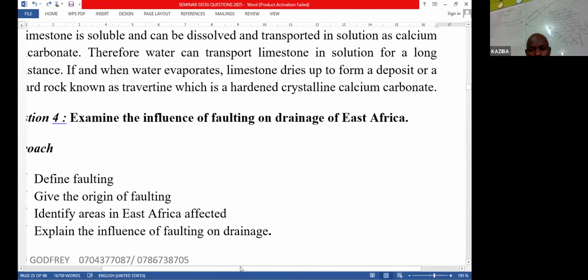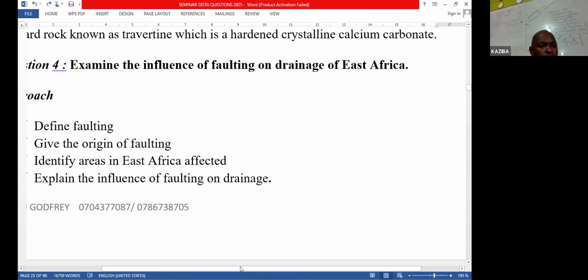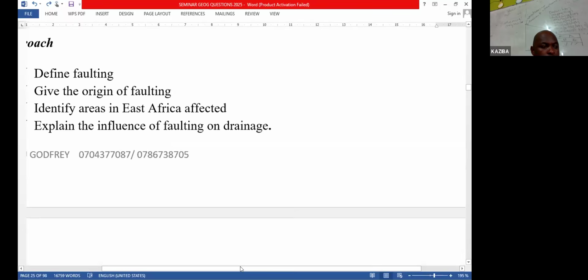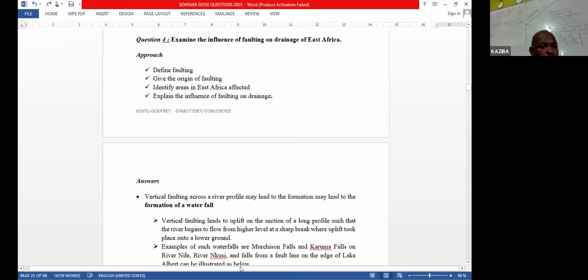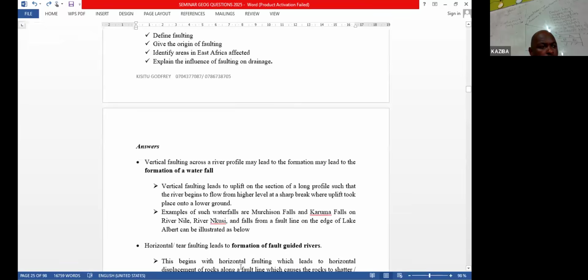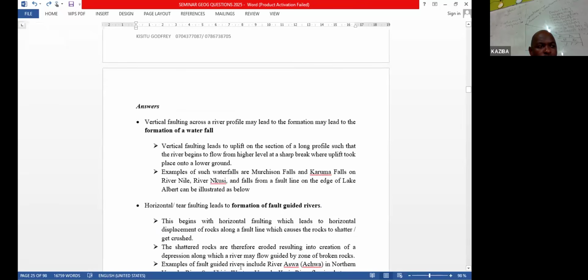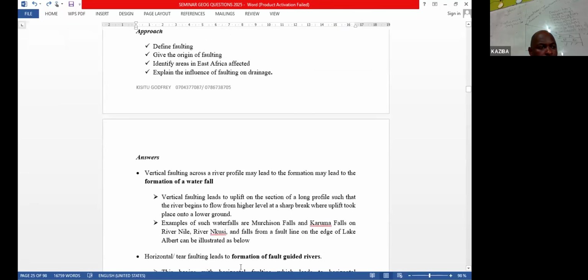So you define faulting, then you give the origin of faulting, identify the areas where faulting takes place. Then, when you're done with that, you go to the influence of faulting on drainage.